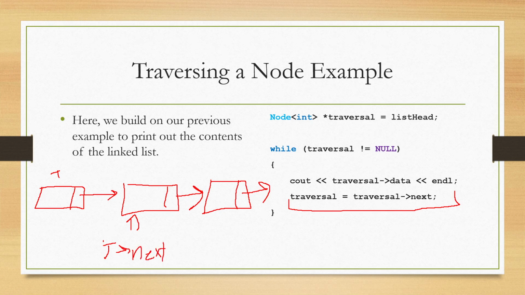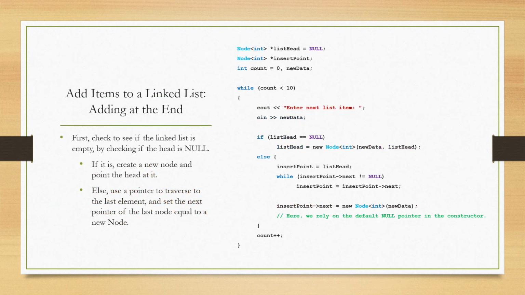And whenever we do this, when we make T equal to T next, this node does not exist anymore, and this one is going to be our head. I hope that makes sense. Overall, it's quite a simple concept. Just remember that traverse equals traverse.next to iterate through the linked list.